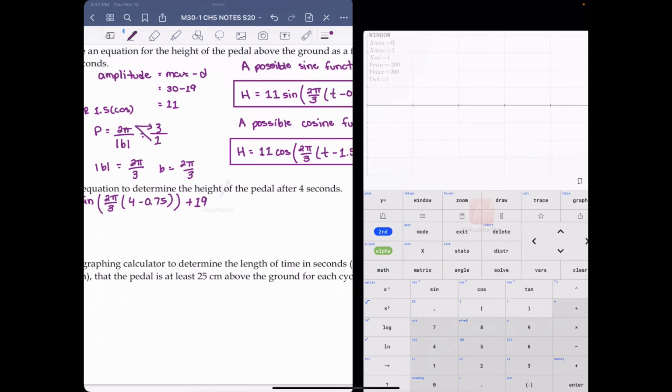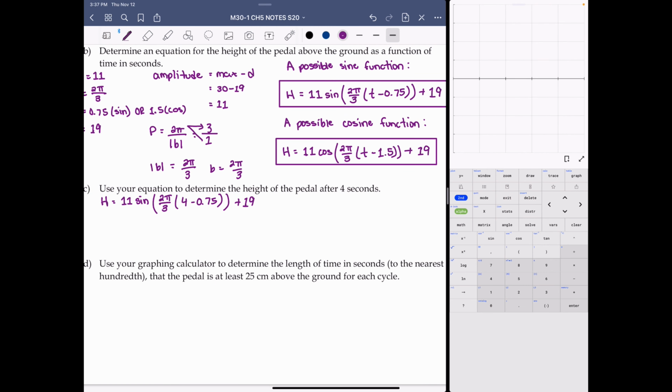Plug that all into our calculator. I need to be in radians, which I am. 11 sine fraction 2 pi over 3, bracket 4 minus 0.75 close bracket, move out of the brackets, plus 19 gives us 24.5.